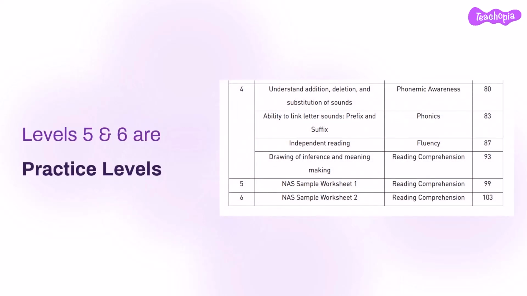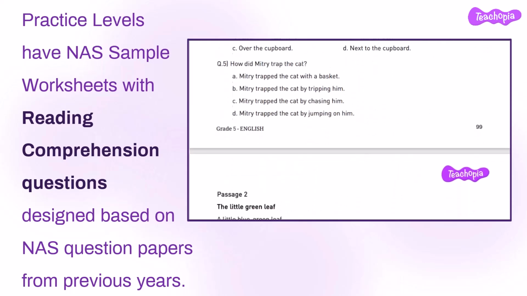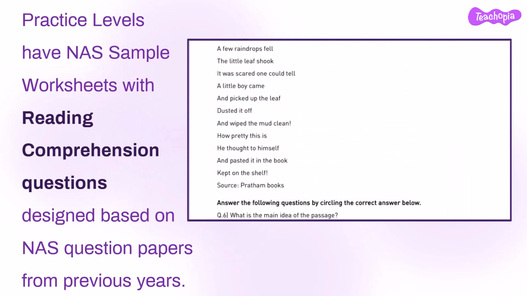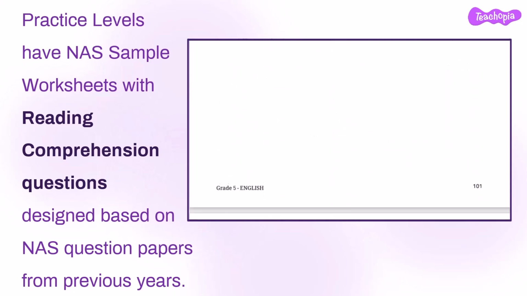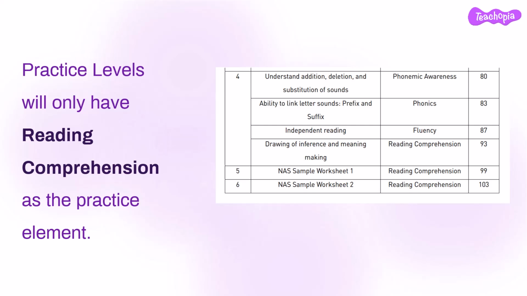Once learners complete the first 4 learning levels, they will move on to practice levels 5 and 6. These levels include NAS sample worksheets that are designed based on previous NAS question papers, focusing solely on reading comprehension.